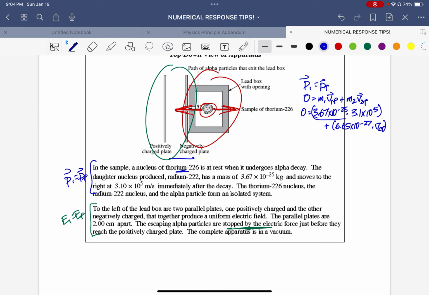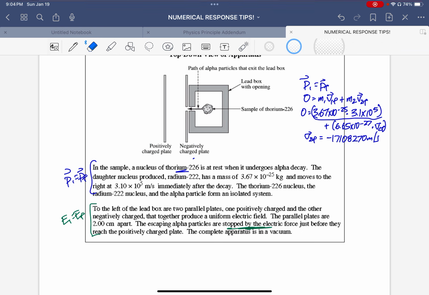So we take this over by subtracting, divide by 6.65, and we get a V2F, the velocity of the alpha particle as it escapes this lead box, of negative 17108.270 meters per second. So how fast does it leave the lead box? 17108.270 meters per second. That's how fast it enters the parallel plates.